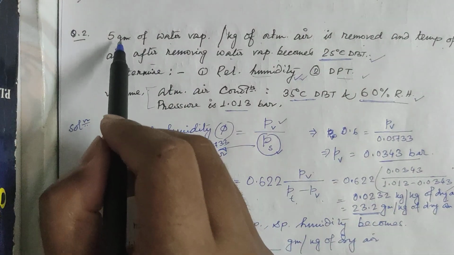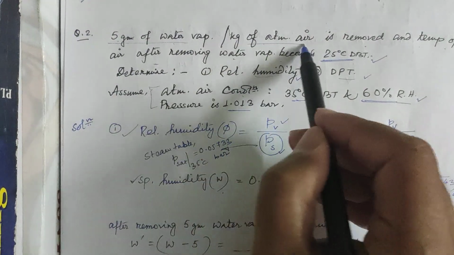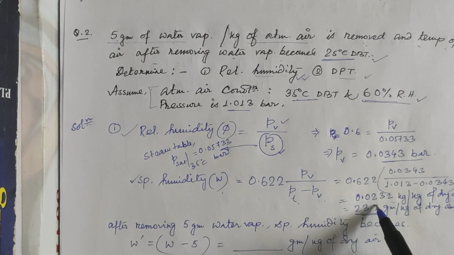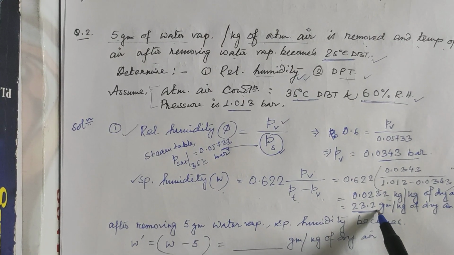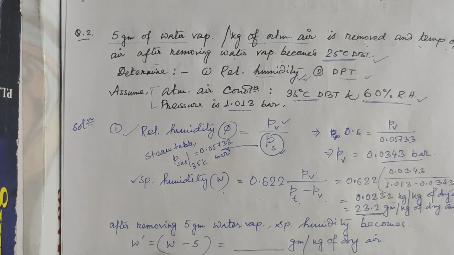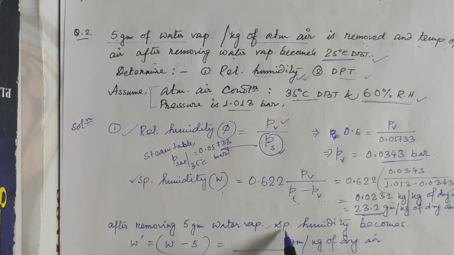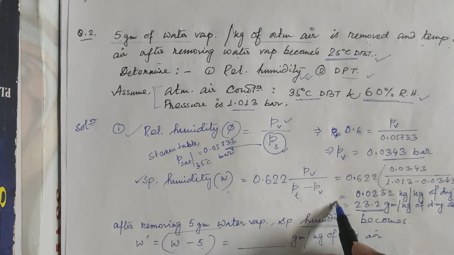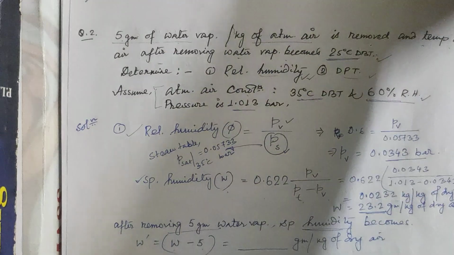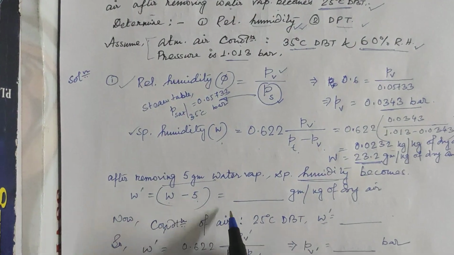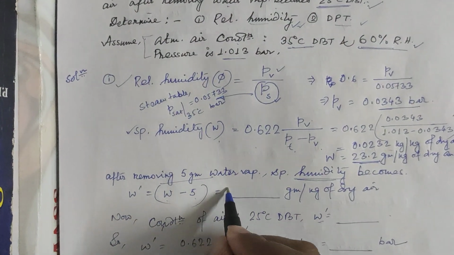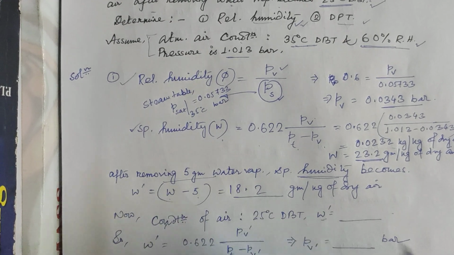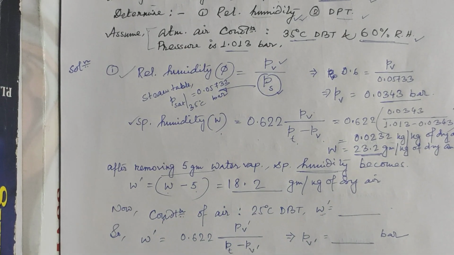Now look at the problem: 5 gram of water vapor per kg of atmospheric air is removed. Of the 23.2 gram moisture, if we remove 5 gram, what will be the value of specific humidity? W minus 5, with W given as 23.2, will give the final specific humidity, that is 18.2 gram per kg of dry air.